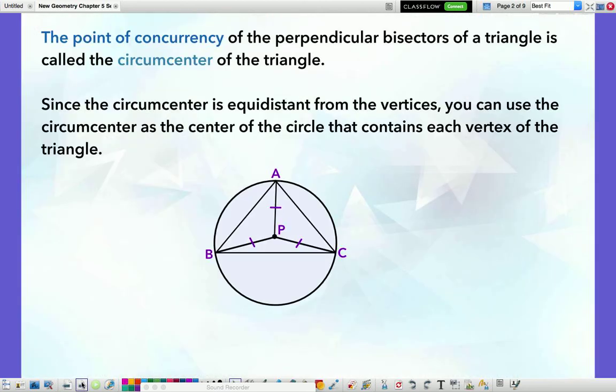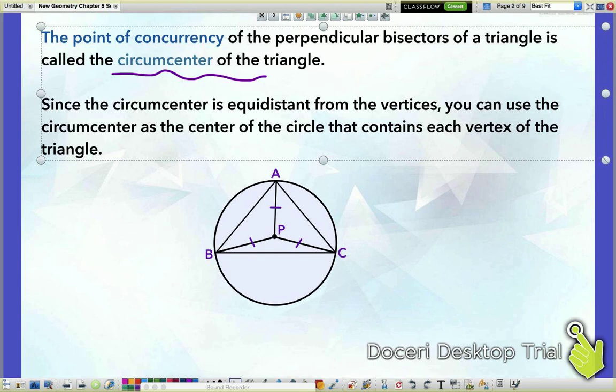The point of concurrency of the perpendicular bisectors of a triangle is called the circumcenter of the triangle. What does that actually mean? It means that if we have a circle, we can construct, by using a compass, a triangle with a point of concurrency.